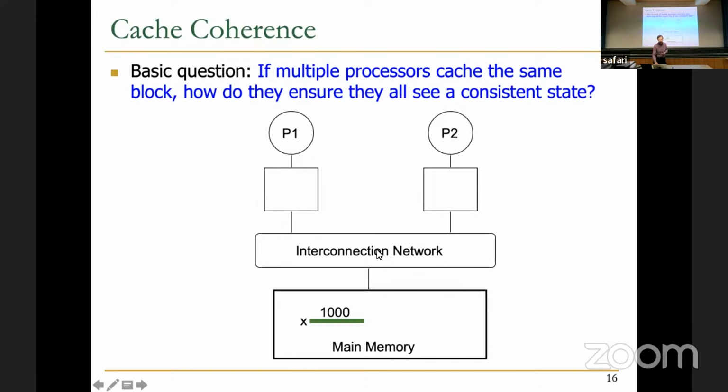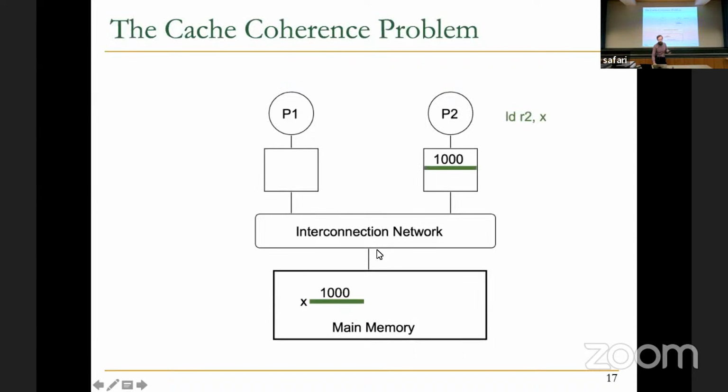So this is a simple example. You have, let's say, processor 2 loading a main memory location X, and the value is 1000. It did that load. And then processor 1 does the same load. Both of them have 1000, and everybody is correct right now, right? And then processor 1 does something to that memory location and updates it, makes it 2000.